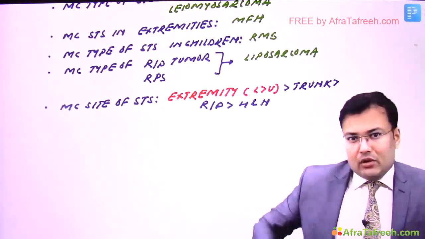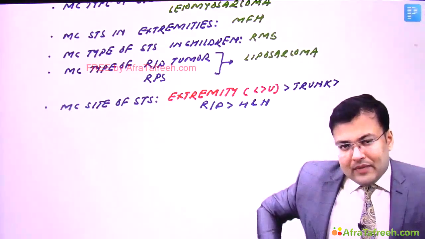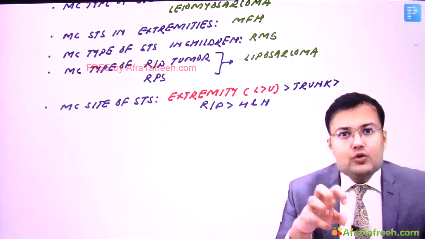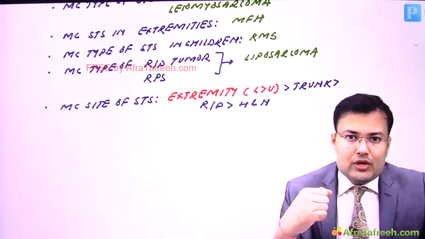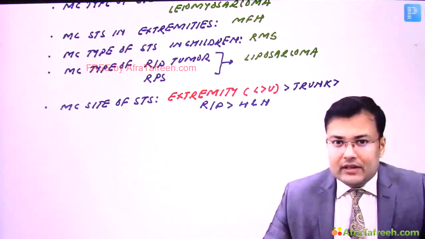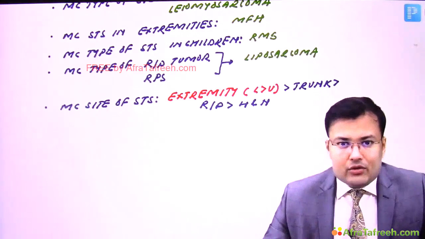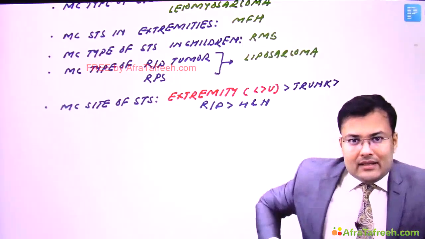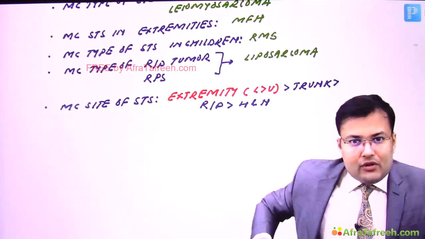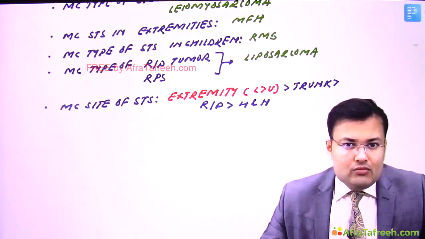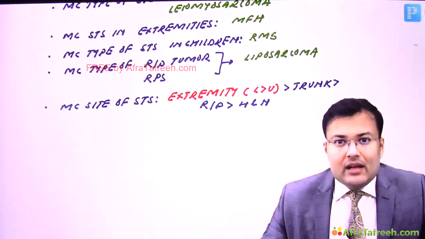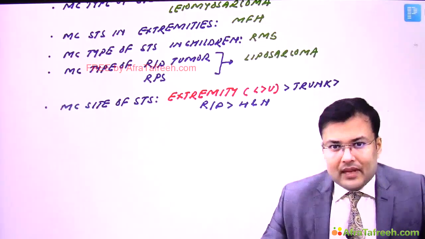But for retroperitoneal sarcomas, whose major drainage goes into the portal vein and via the portal vein into the liver, despite hematogenous spread, the most common site of metastasis is liver followed by lungs.